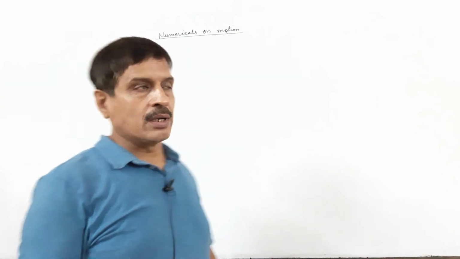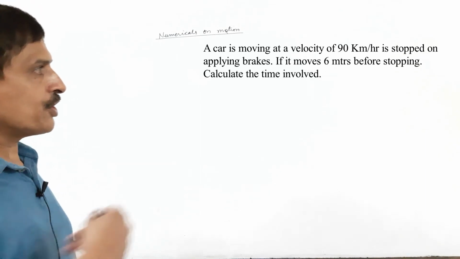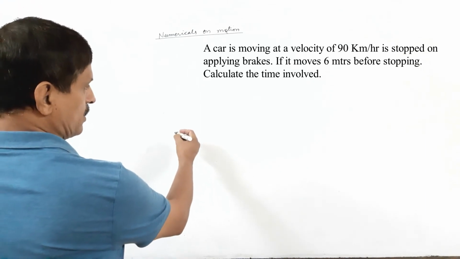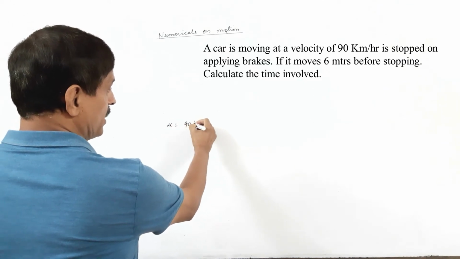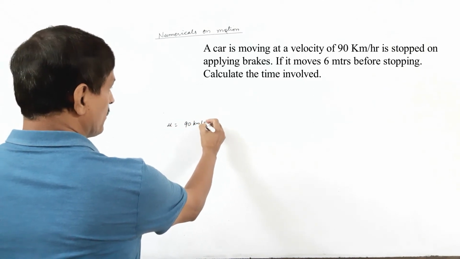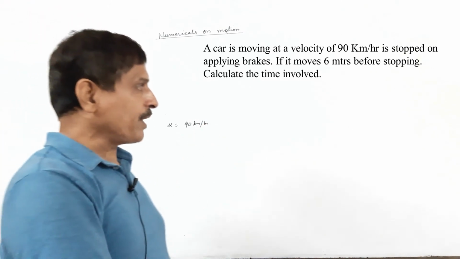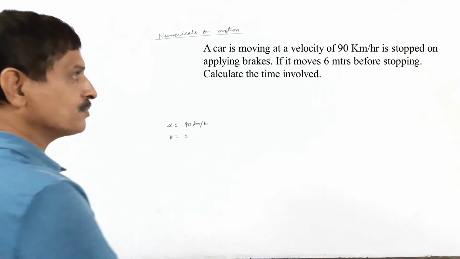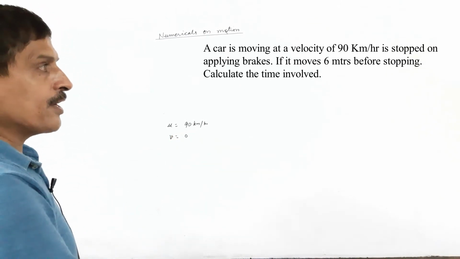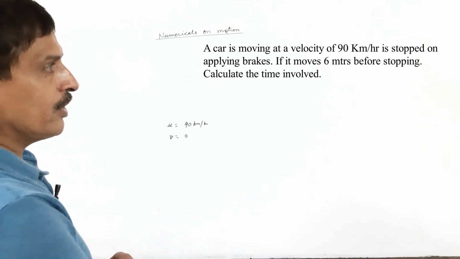In the next numerical, a car is moving at a velocity of 90 km per hour. It means its initial velocity u is equal to 90 km per hour. It is stopped on applying brakes, so final velocity becomes 0. If it moves 6 meters before stopping, calculate the time involved.